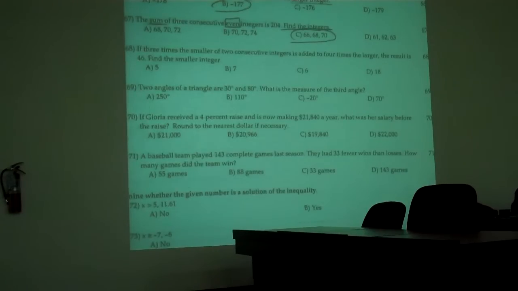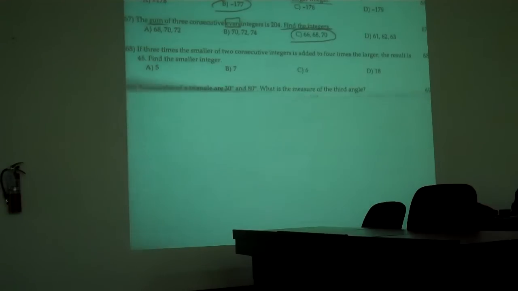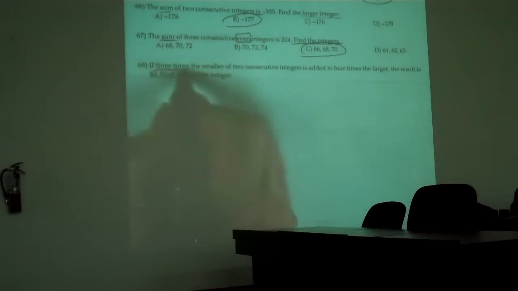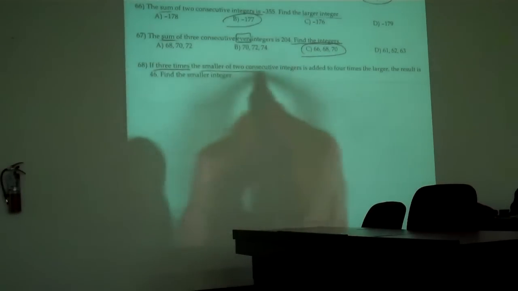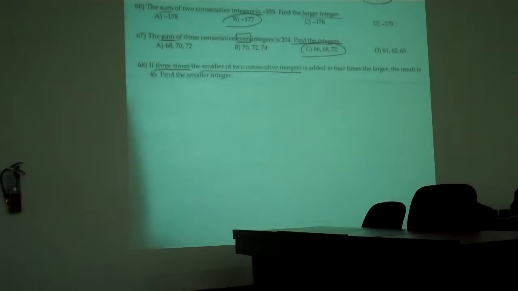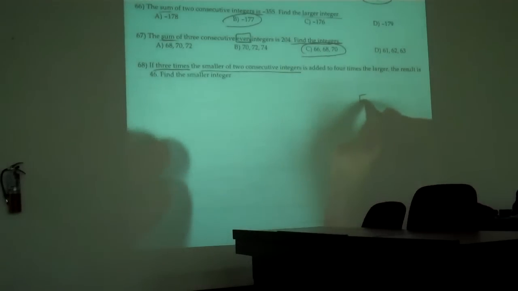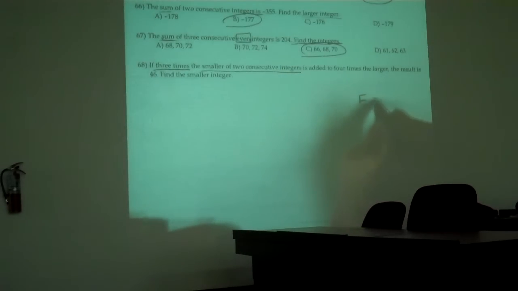Okay, "if 3 times the smaller of two consecutive integers"... wow, we need to do this one little step at a time, right? 3 times the smaller of two consecutive integers. So first of all, the first consecutive integer is x.